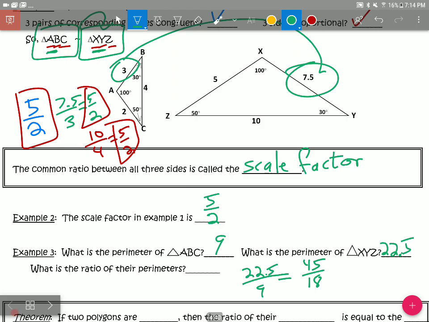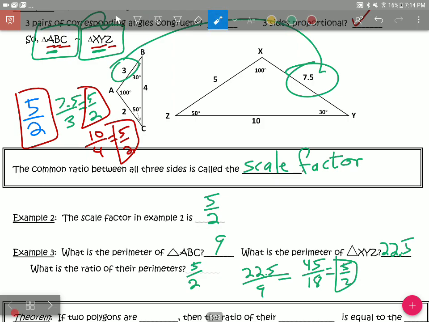Divide both of those by 5. That's 5 halves. Oh, look at that. The ratio of their perimeters is 5 halves. The ratio of the perimeters is the same as the scale factor.